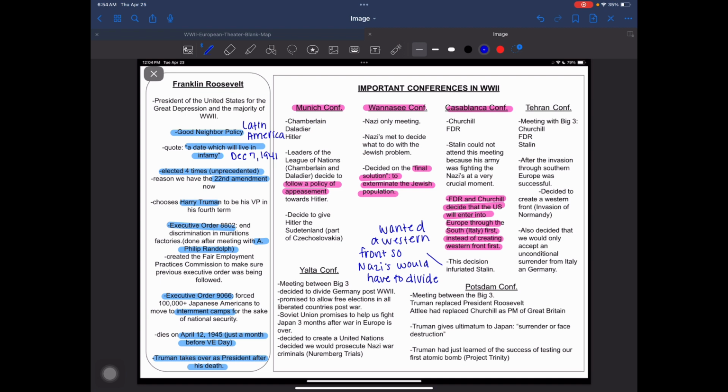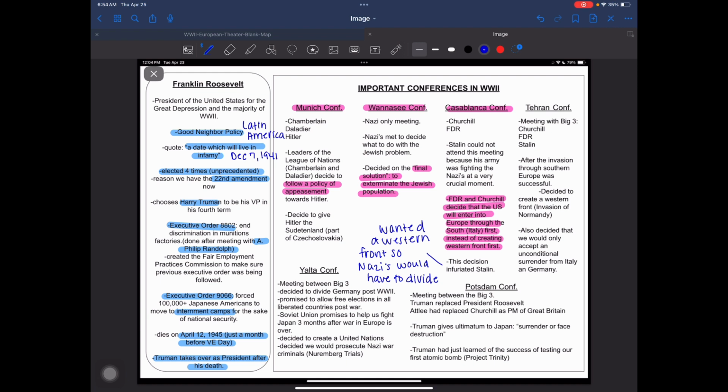So the reason he wanted a Western Front is Germany is fighting on their Eastern Front. They are fighting against the Soviet Union. They don't have much going on their Western Front because they easily took over France. All they have over there on the Western Front is Britain, and they're an island, so they're kind of away from the Western Front just a bit.